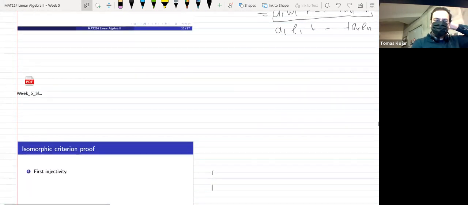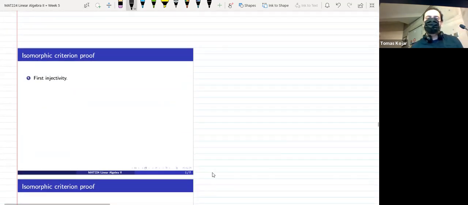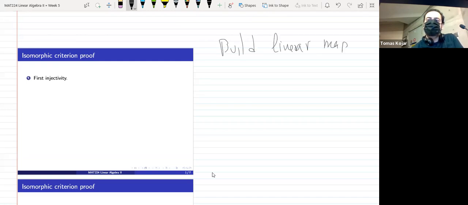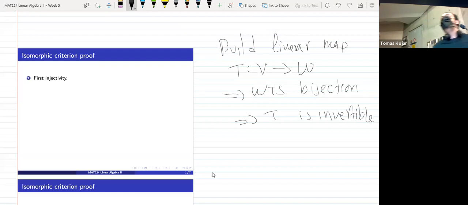So we built a linear map T from V to W. Now we want to show that this is a bijection, and that will show that T is invertible. From before, all we needed was bijection in order to get invertibility.